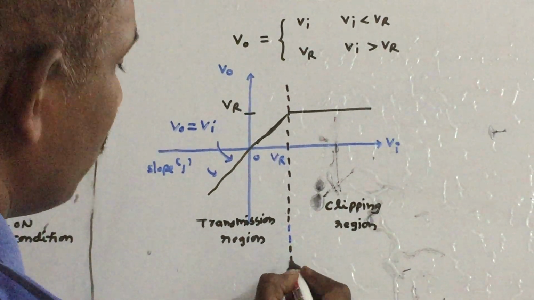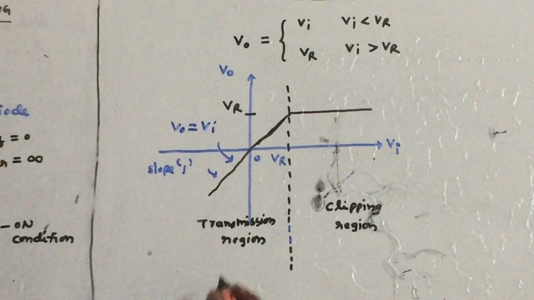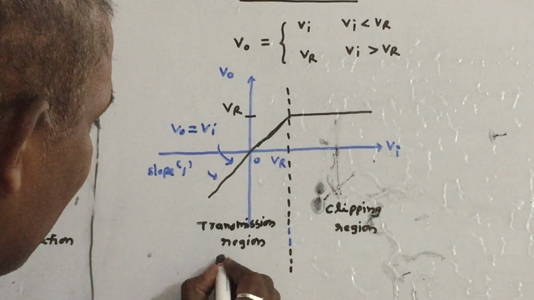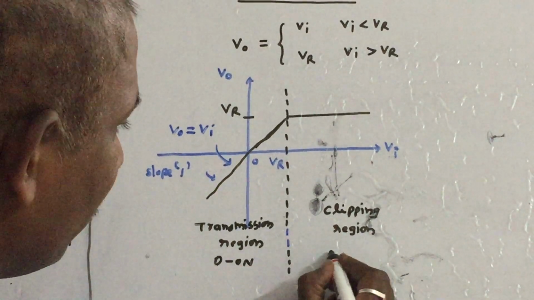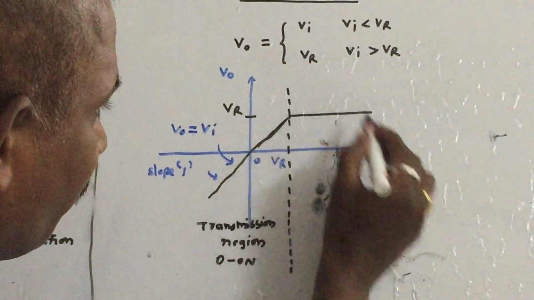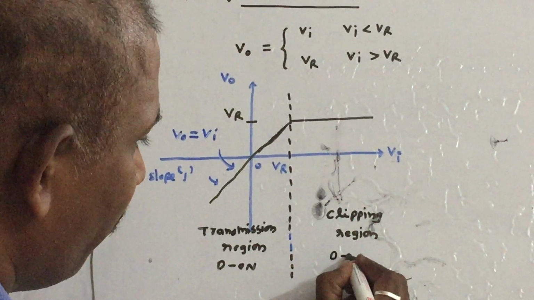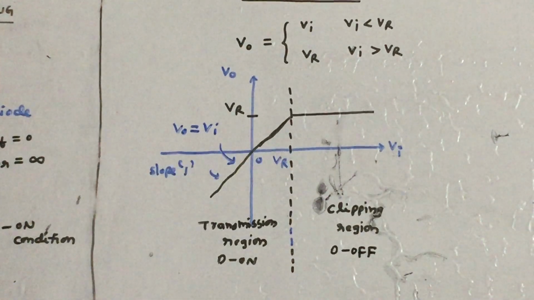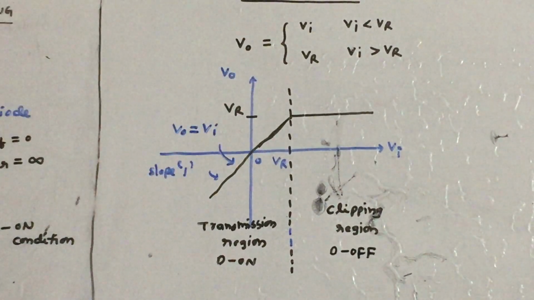In the transmission region, when Vi is less than VR, the diode is in on condition. During the clipping region, the diode is in off condition.